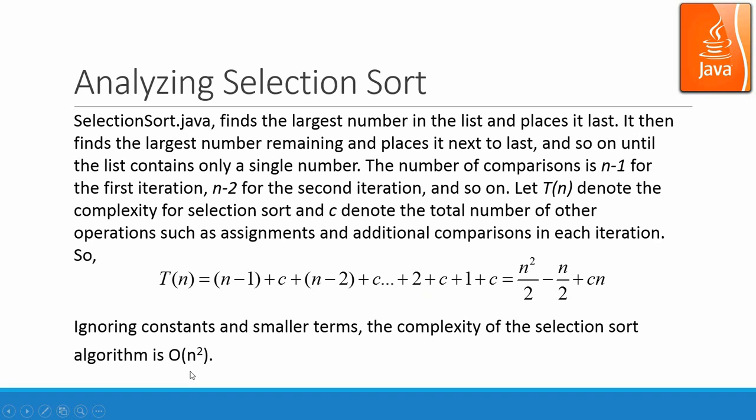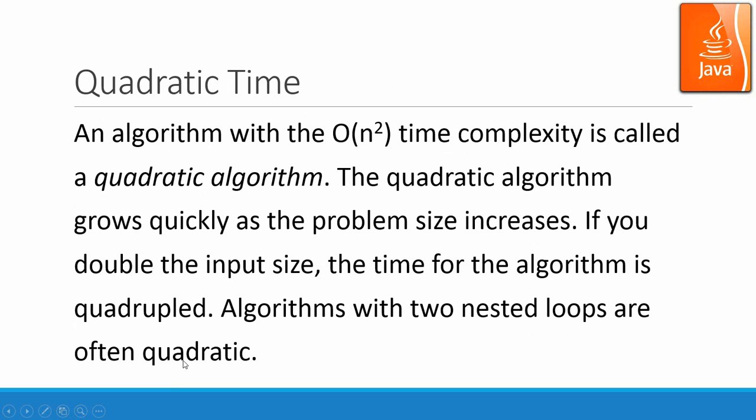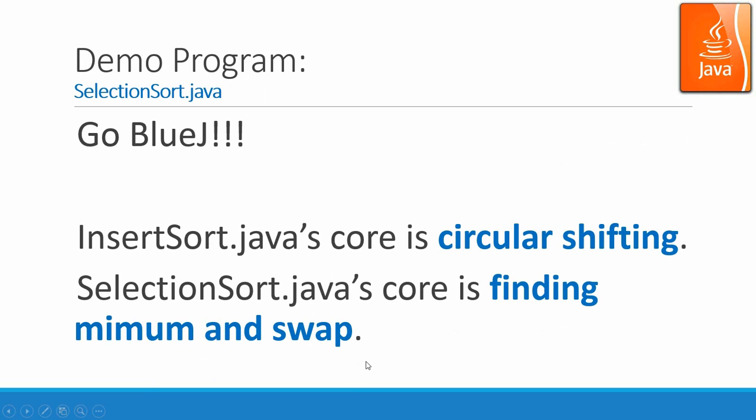So it is an order of n squared algorithm in big O notation. It's a quadratic time algorithm, and a quadratic algorithm grows quickly as the problem size increases. If you double the input size, the time for the algorithm will quadruple. So this is considered not really tractable. Algorithms with two nested loops are often quadratic.